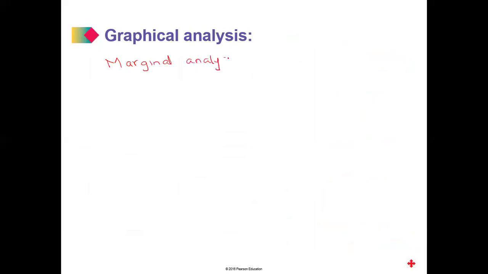For this, we need two curves. We need a marginal revenue curve and we need a marginal cost curve. So recall from the previous lectures that the marginal revenue curve is the same as the demand curve of a single seller in a perfectly competitive market.